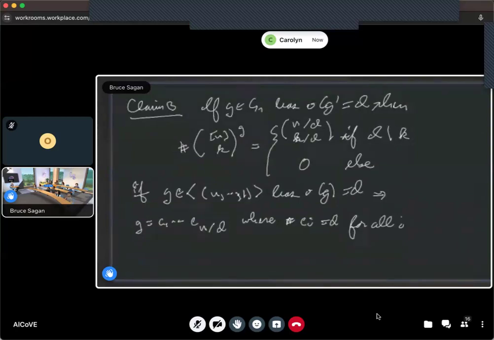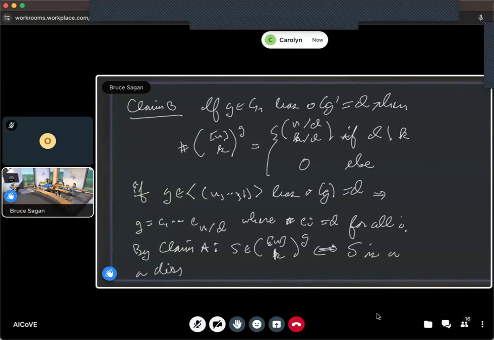Okay, but remember, by the first claim, S is fixed under this action if and only if S is a disjoint union of some of the Ci's.